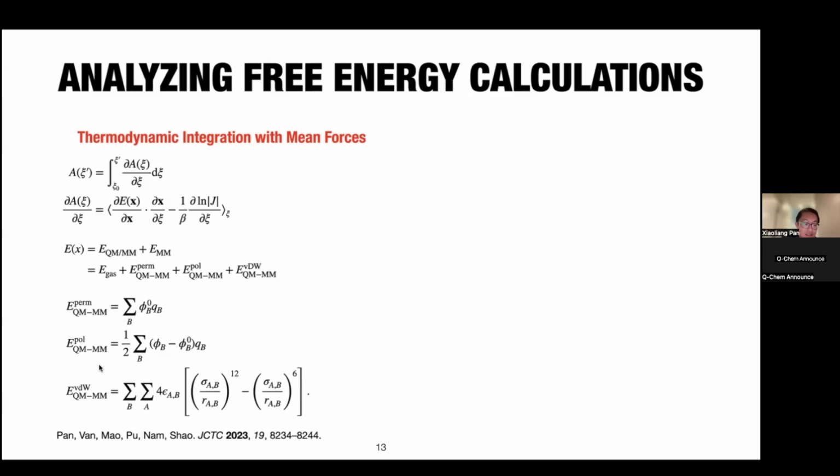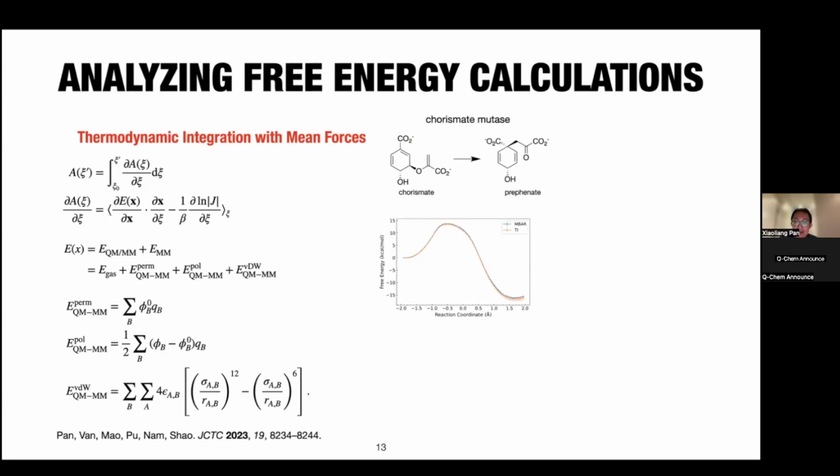So you can see this can be very nicely decomposed into different components. The benefit of doing that is, first, we validate if this analysis can produce the same results as the standard one for MBAR. First, we compare the two.